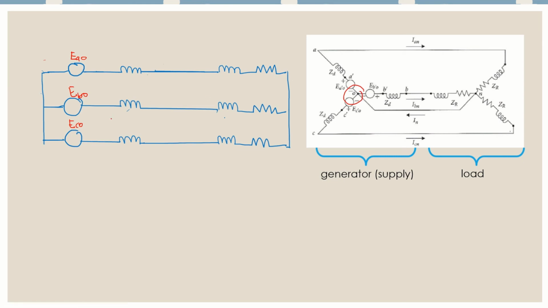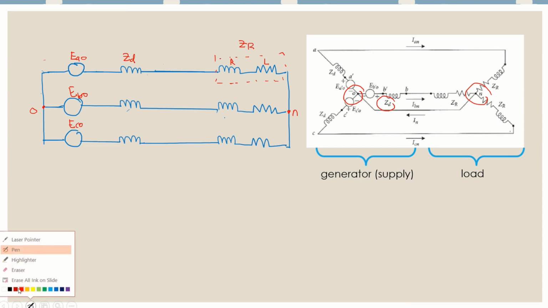The neutral point is here, and again the neutral point is N here. The impedance of the load is this part, R, L, and we're going to call this impedance ZD.